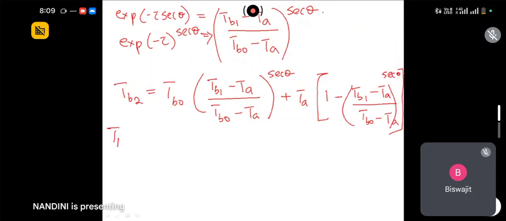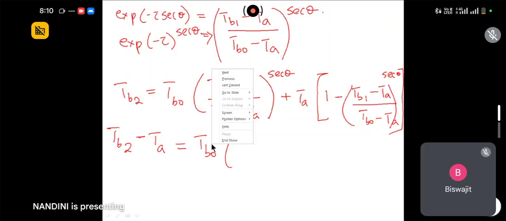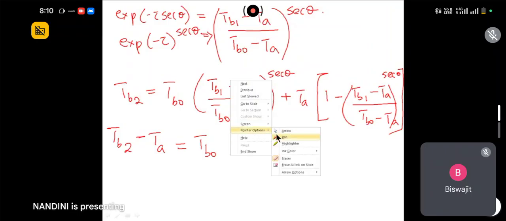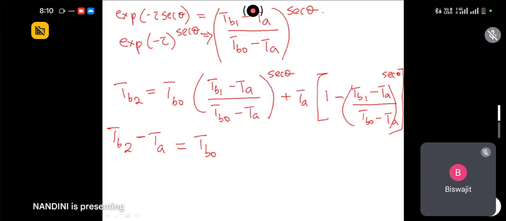So TB2, if we take this TA out, we can write TB2 minus TA is equal to TB0 into... If you multiply this TA inside, it will be plus TA minus TA into the same thing.